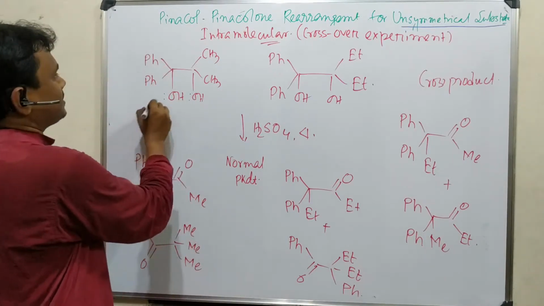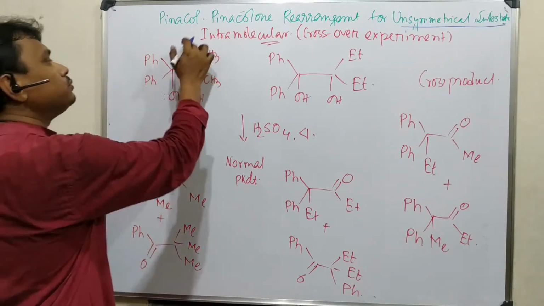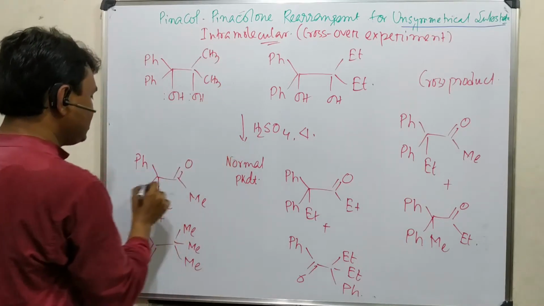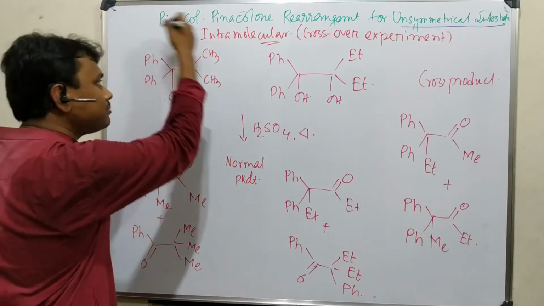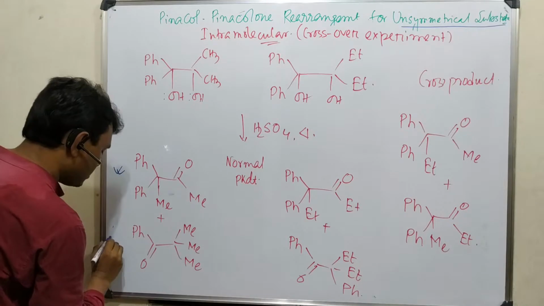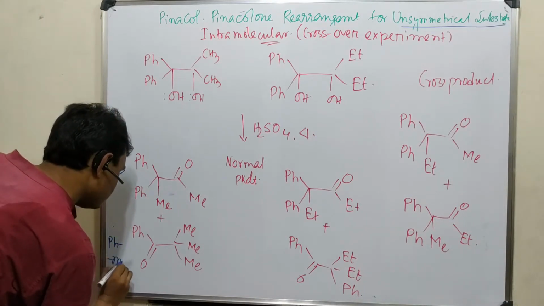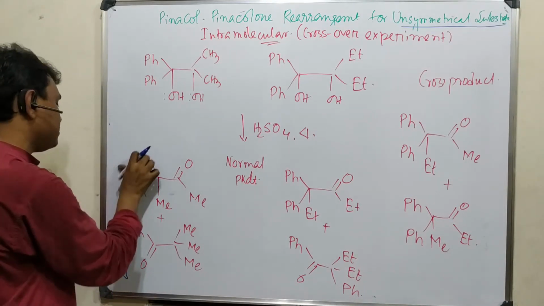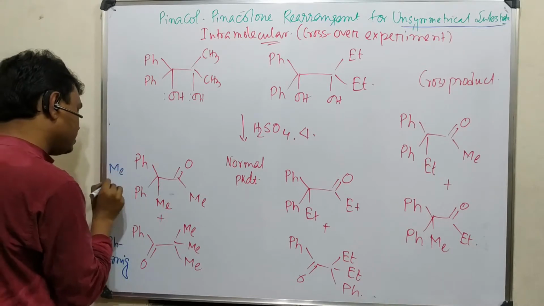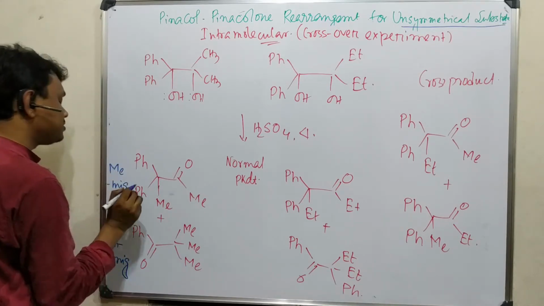So what is expected? First, that if methyl migrates, then this will be, and if phenyl migrates, then this will be. Ph migrates, let's say Ph mig, and this is methyl mig, mig means migrate.